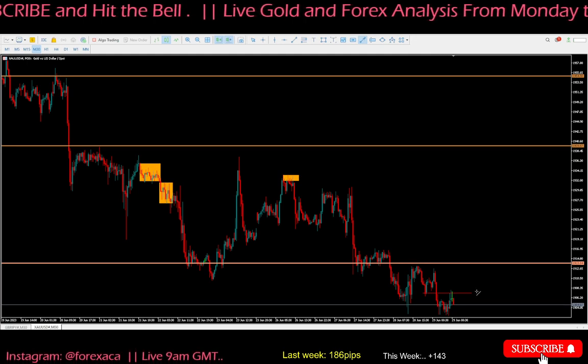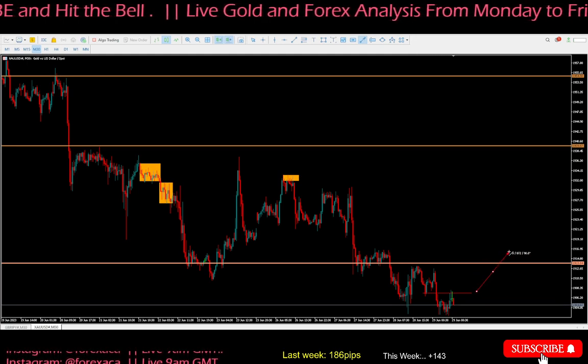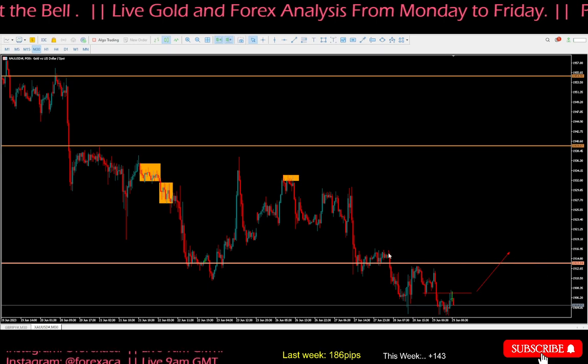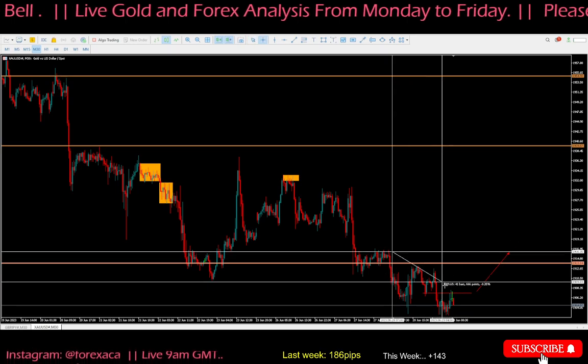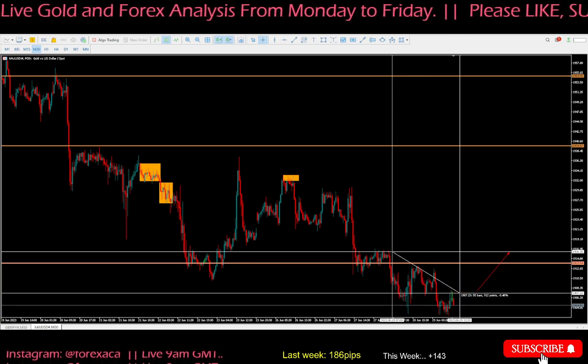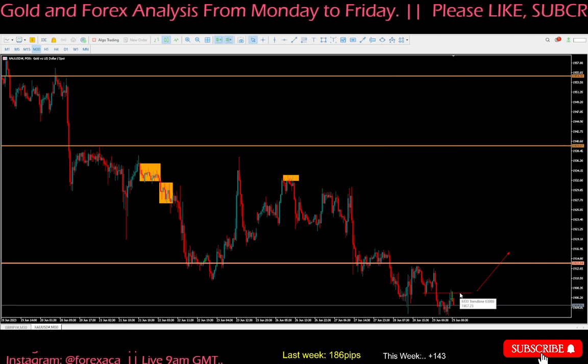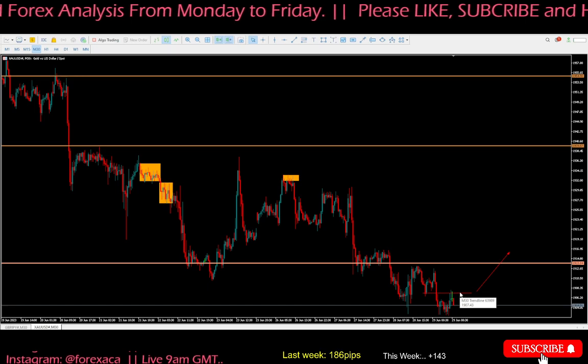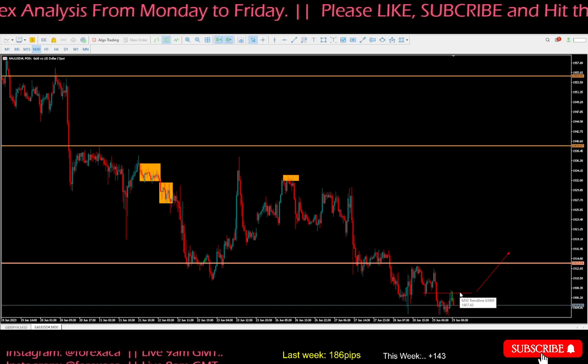I'm looking at this thrust to the upside, so you could take your profit around this area, maybe this area. That will probably give you about 90 pips, 100 pips if you actually wait for the spillover. Most importantly, at least you know what you should be looking out for.